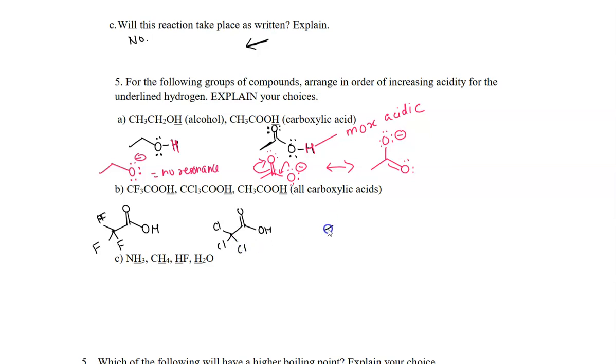And the third one just has hydrogen atoms. And again, which is the acidic hydrogen? In all three cases, it's the one that is connected to the oxygen, the one that I've highlighted in red. So how do we arrange them in increasing order of acidity? Which one would be more acidic?